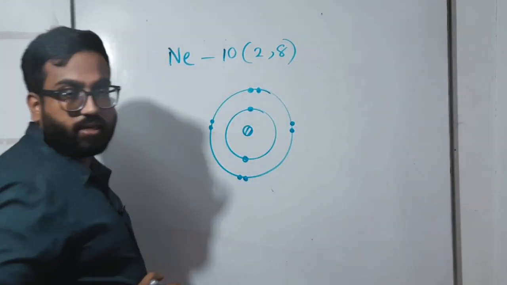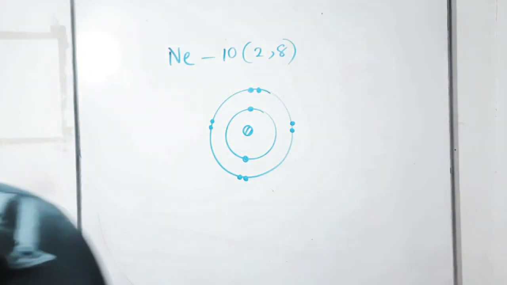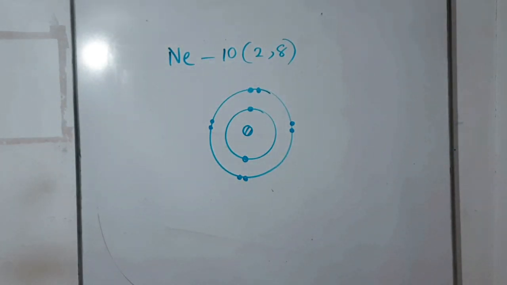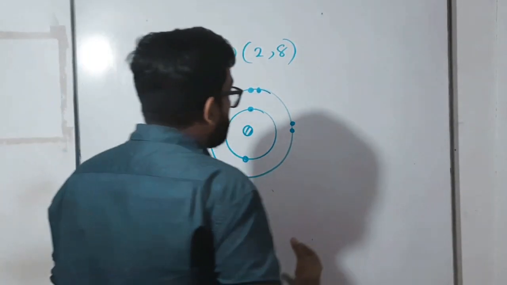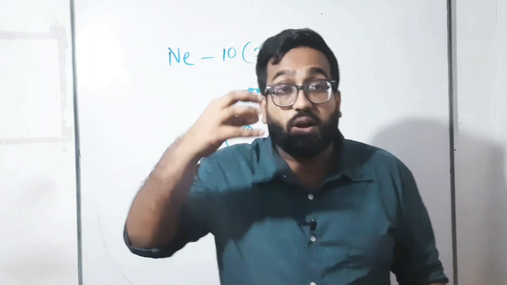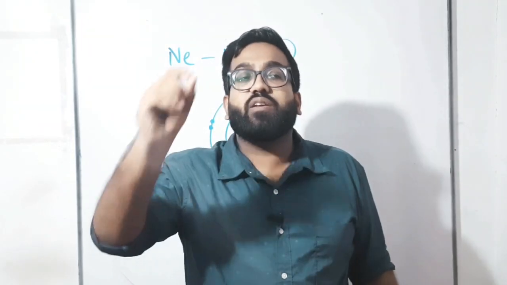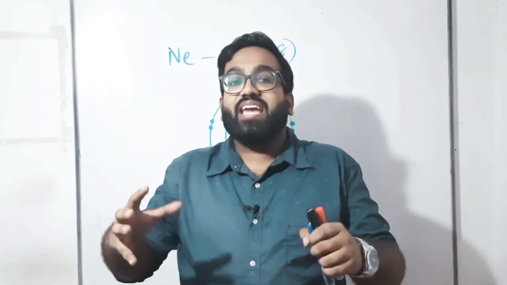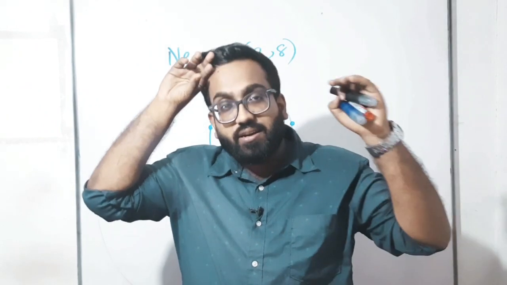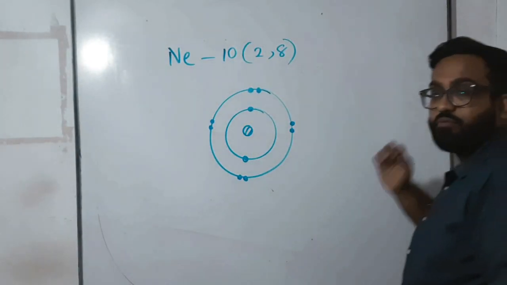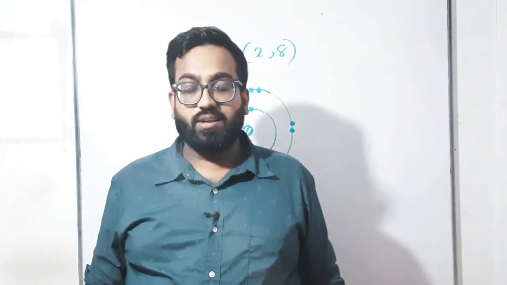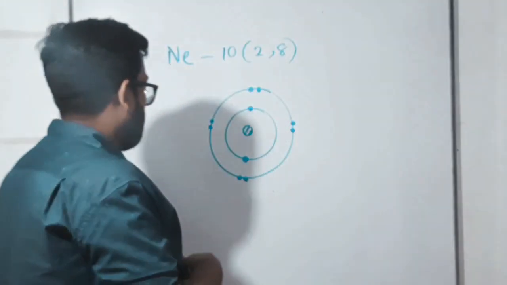Now you can see the first energy level is complete, and the second energy level is also complete. So in this kind of situation with noble gases, if we try to remove one electron, it's very hard. We have to provide a higher energy if we need to remove at least one electron from the relevant energy level. That's what, children, remember.